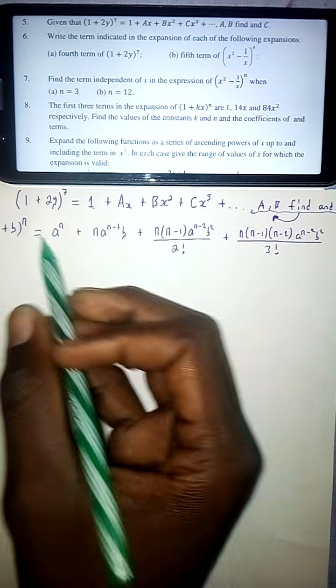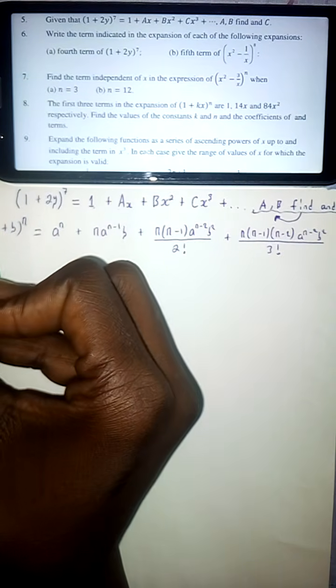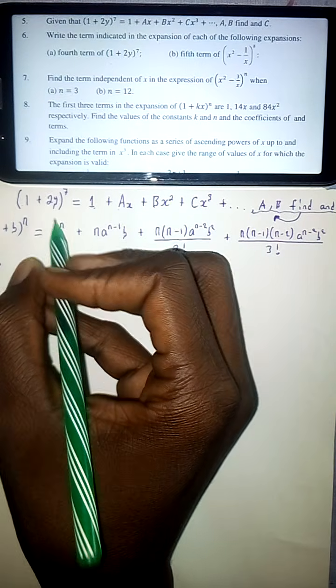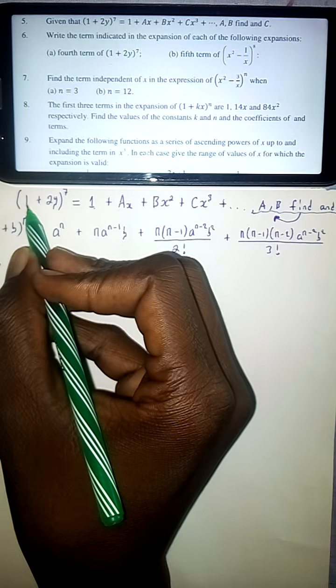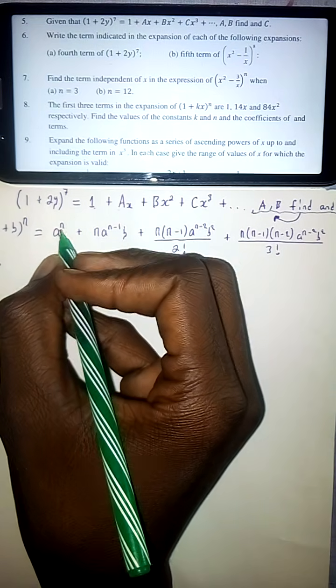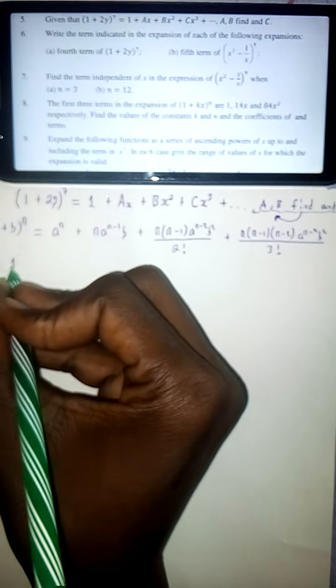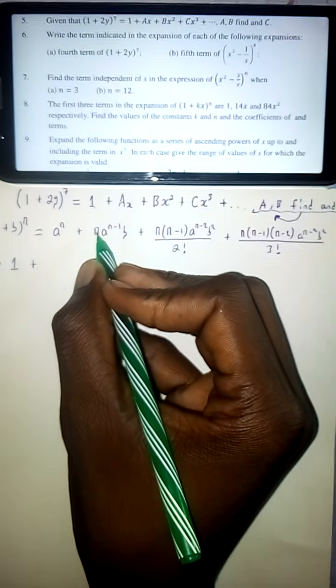So we're going to use this, right? For the first part, what is our a from here? Our a is simple, 1 raised to the power 7, still 1, plus, what's our n?